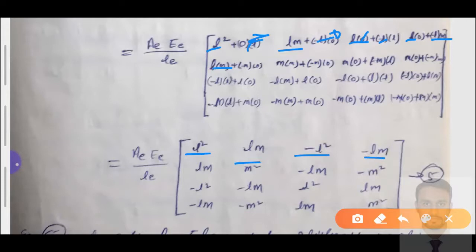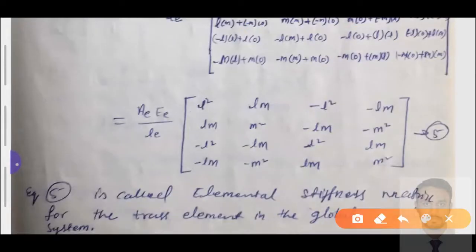Similarly here we have Lm, this will be 0, this will be 0, we have m into m square, this will be 0 minus m into L, minus Lm, and then next minus m into m, this will be 0 minus m square. Then we have next minus L into L plus of L0, this is equal to 0 minus L square, minus Lm, L into 0, this will be equal to 0 minus Lm.